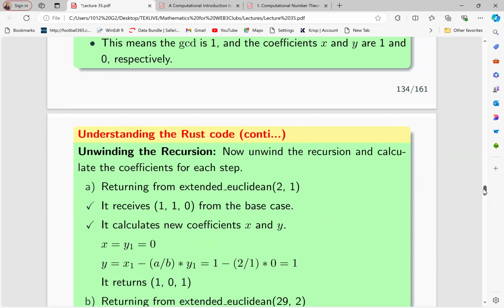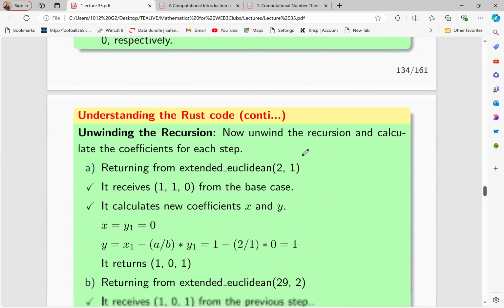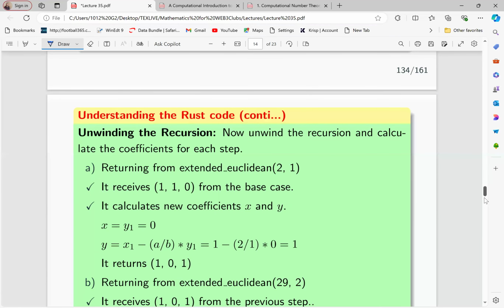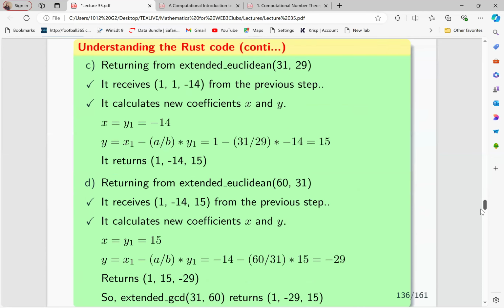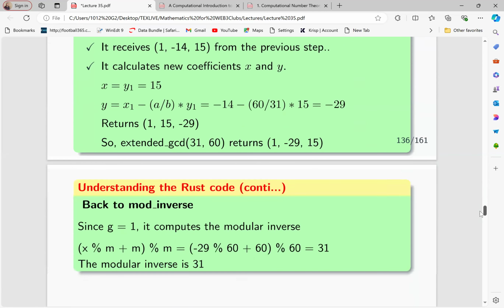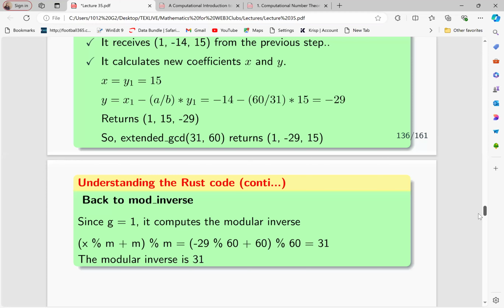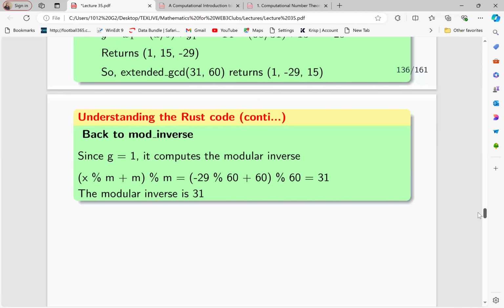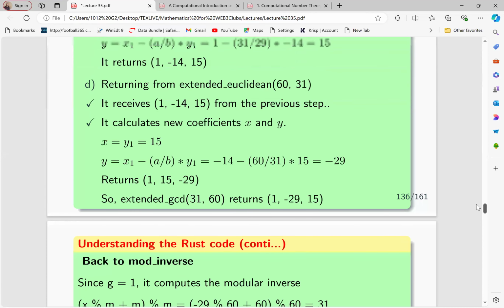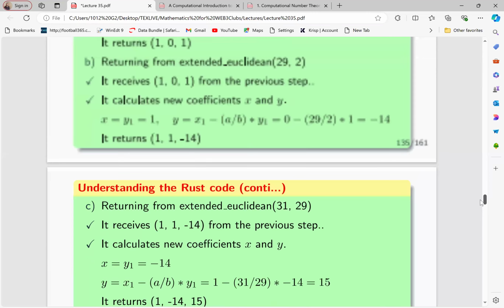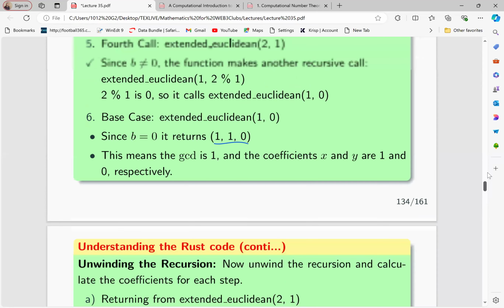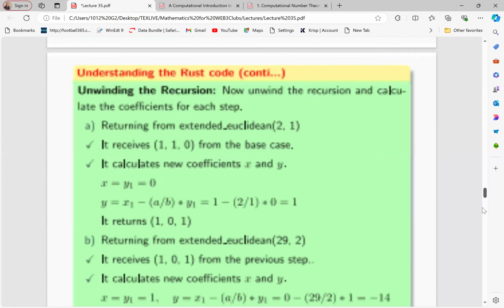So this is where the extended Euclidean algorithm is reversing, and that is what I was doing above. That's what we were doing. Okay. So you look at it, that is how the code works.